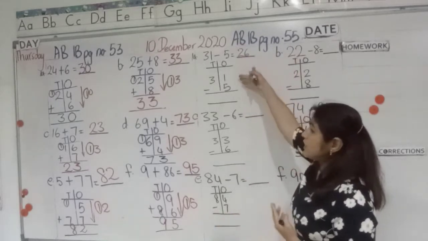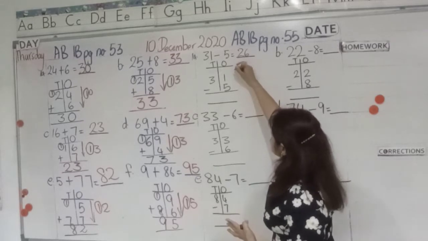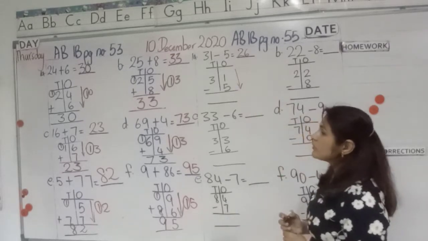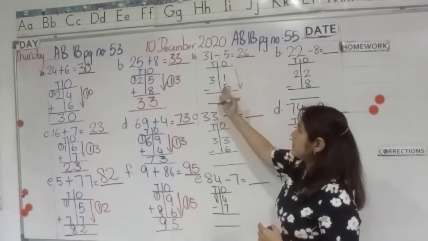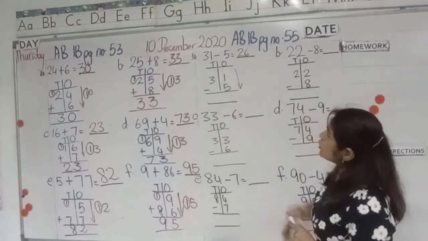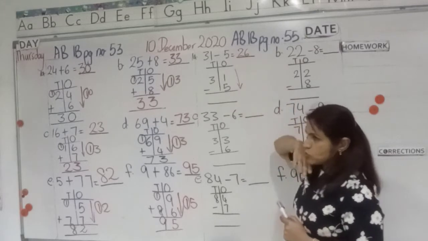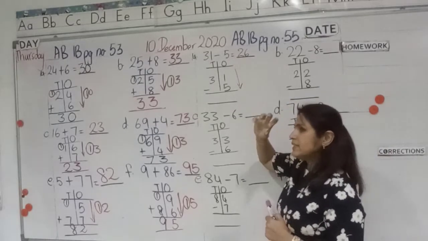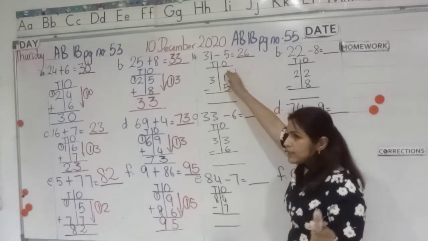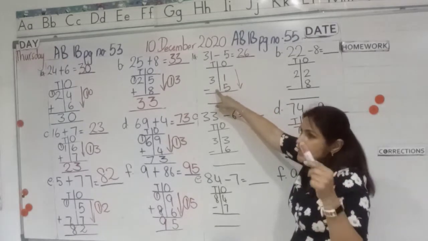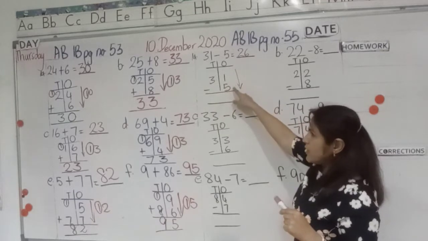Let's find out in the tens and ones table. Draw an arrow. Now, 3 tens and 1 ones minus 5 ones. If you look at ones place, in subtraction, you should always have a bigger number on top. Then only you can subtract, then only you can take away a smaller number.